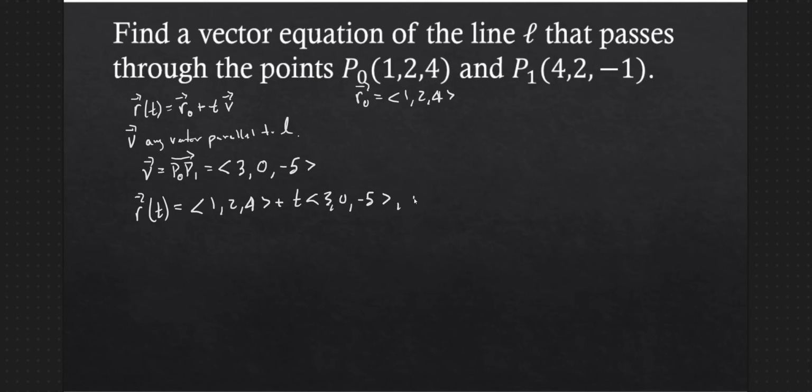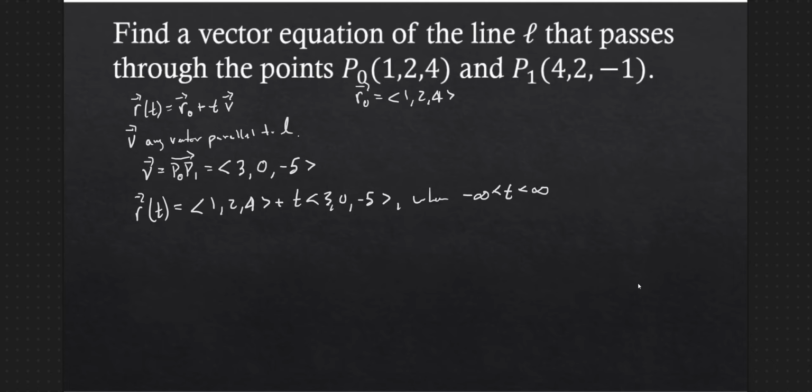And then I should say where t is between negative infinity and infinity, because I'm considering the whole line here. So we let t take any value because we want the line to go off to infinity. We want the entire line there.